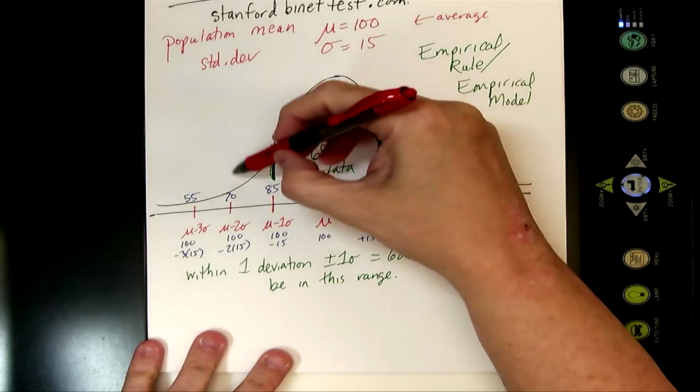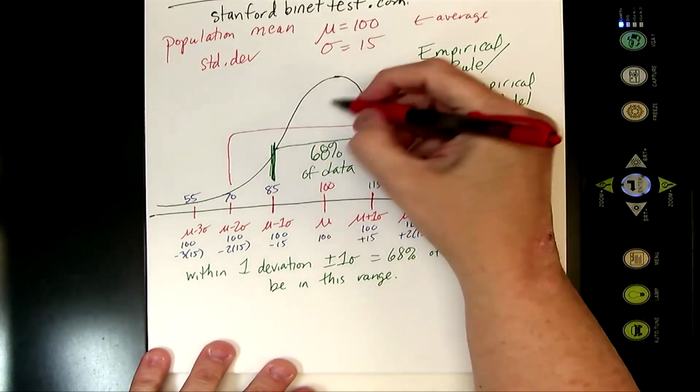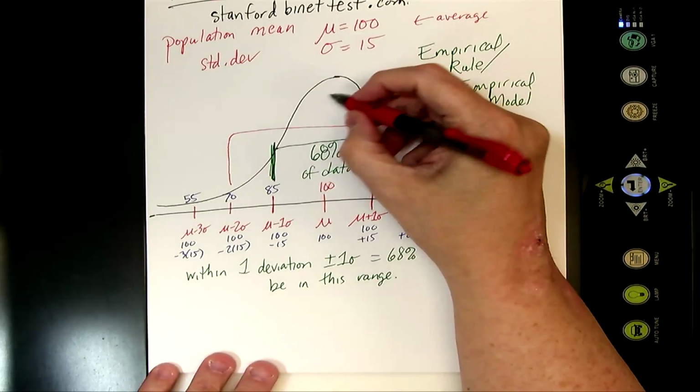If I go between the 70 and the 130, this is 95%.